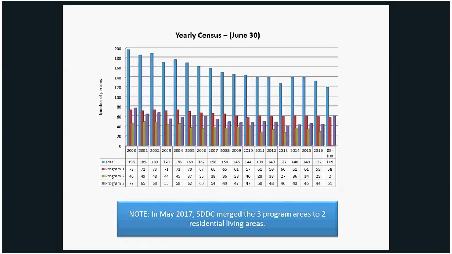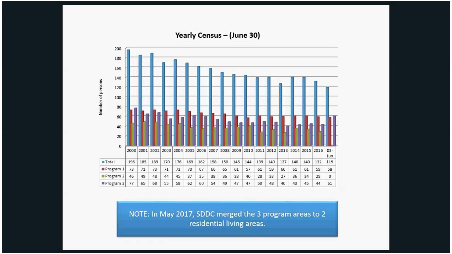And as you can see, we support more males than females, and the smallest population supported were the adolescents and children. And Program 1 is the largest program area and supports adult males. Program 3 supports both males and females.